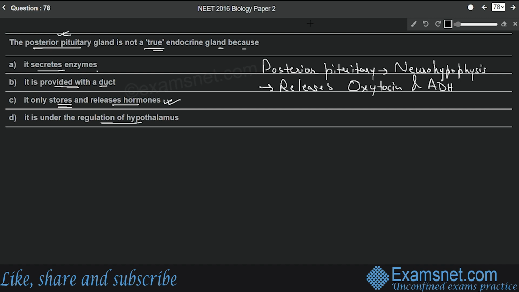But these two hormones are not synthesized by the posterior pituitary. These two hormones are synthesized by the hypothalamus. So the synthesis takes place in hypothalamus. That means posterior pituitary does not synthesize any hormones, therefore it is not a true endocrine gland. It only stores and releases hormones. So the correct answer will be option number C.